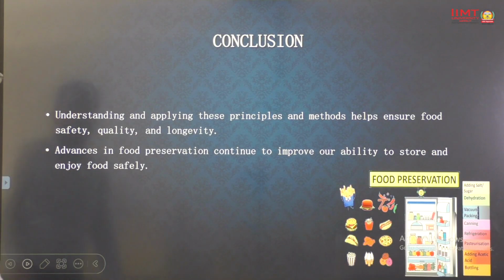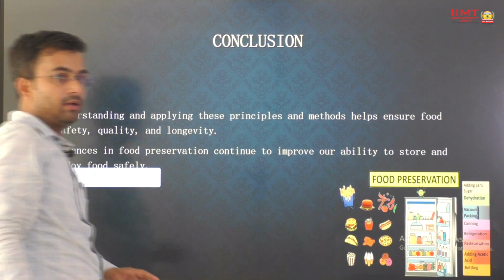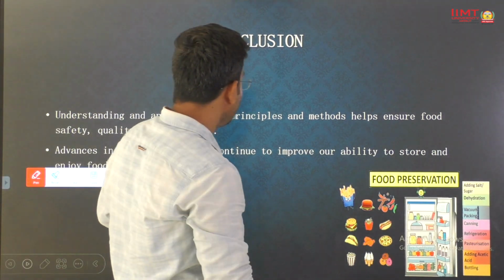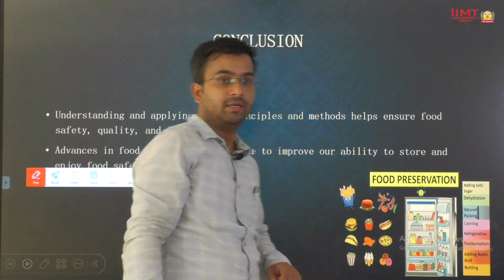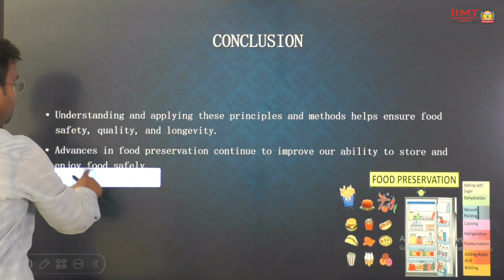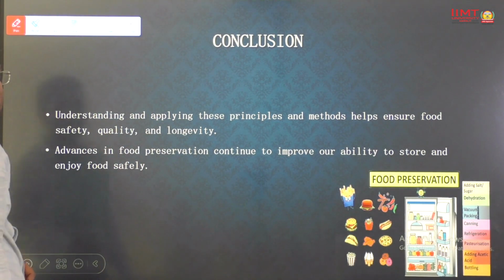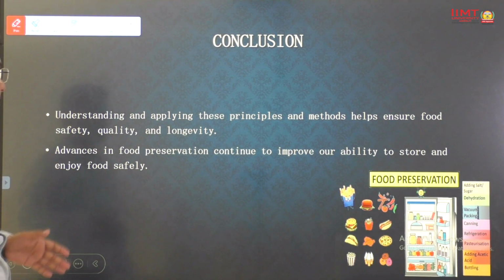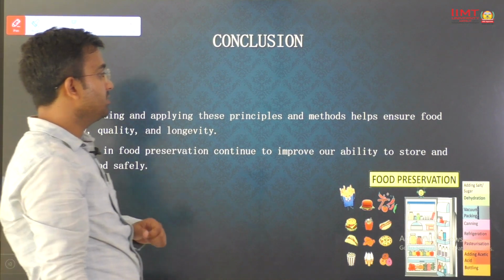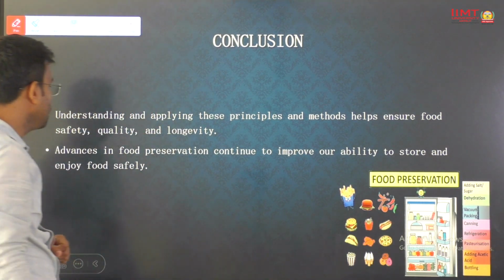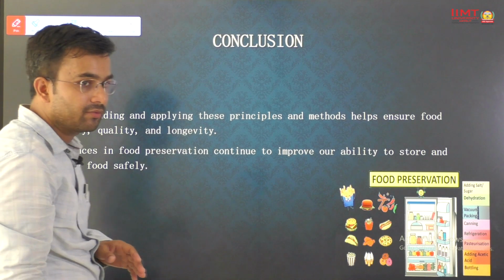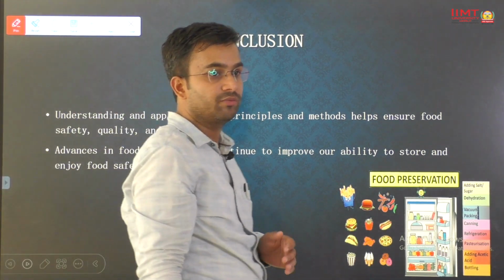And in the last part, what we found about the topic of food spoilage and food preservation. First we understood that applying the principles and methods helps ensure safety, quality and long-lasting products, and ensures the food product is safe.